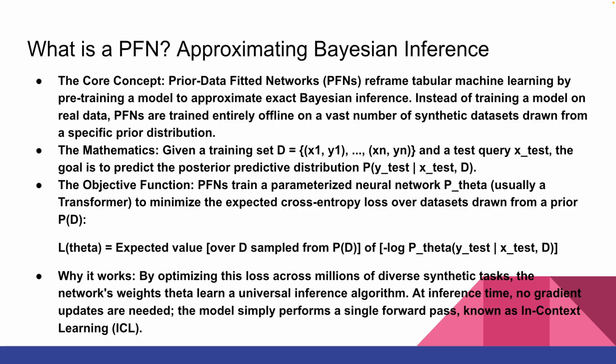However, notice this D, which stands for data set, right? Data set of x1, y1, all the way to xn, yn. This is my data set. What essentially a PFN does is take that D, that data set, and say, I no longer want to just train on my train set and then test on my test set.